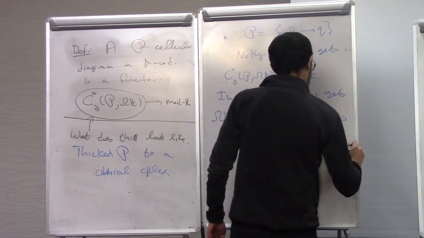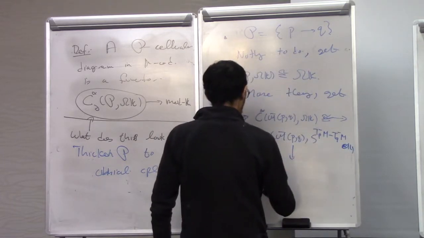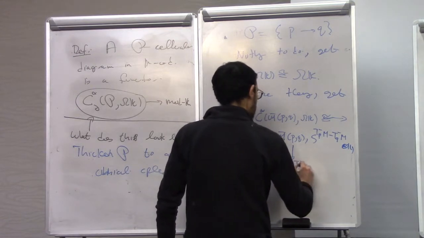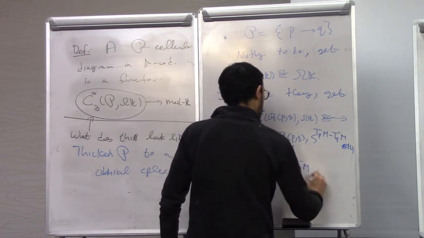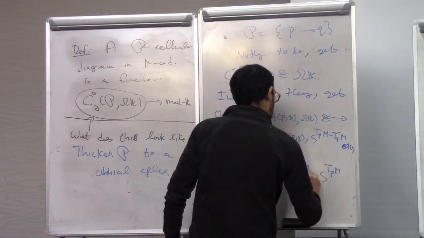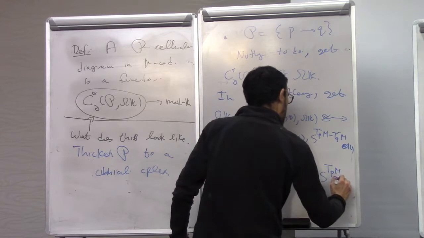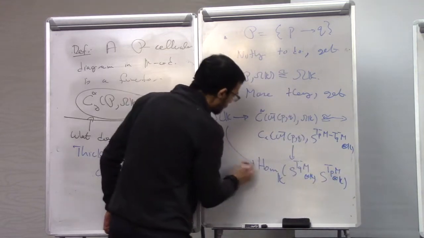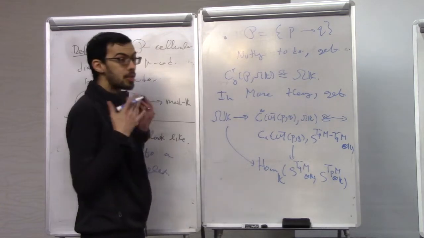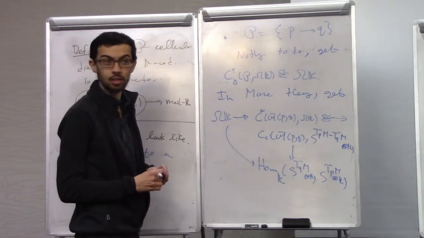Which we then map into Hom K of a sphere. And so you get a map from here to here. Now you know exactly what you're supposed to do. That's the advantage of this situation.